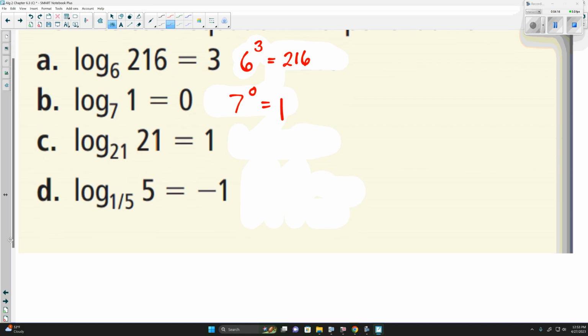Log base 21 of 21 is equal to 1. One-fifth to the negative 1 is equal to 5. Questions on any of these here?